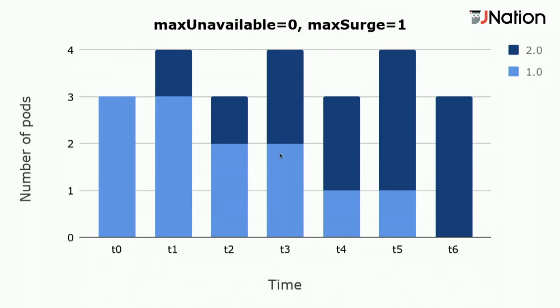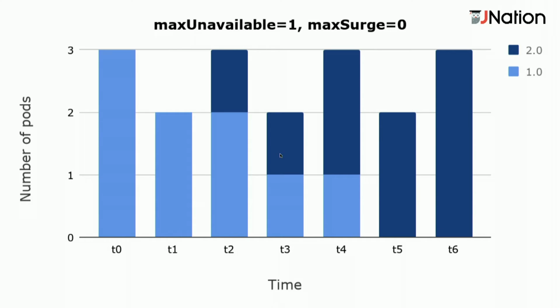So what Kubernetes does in that case is create this extra pod and use the V2. And because we still have 3 replicas, it removes one of the V1. And then it adds one more with V2 and removes one of the V1 until at the end, you only have V2 pods.